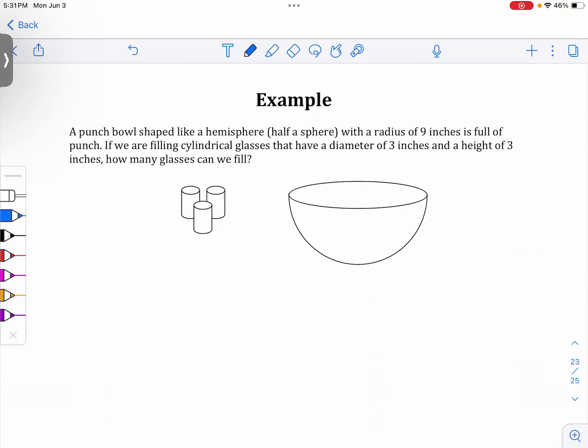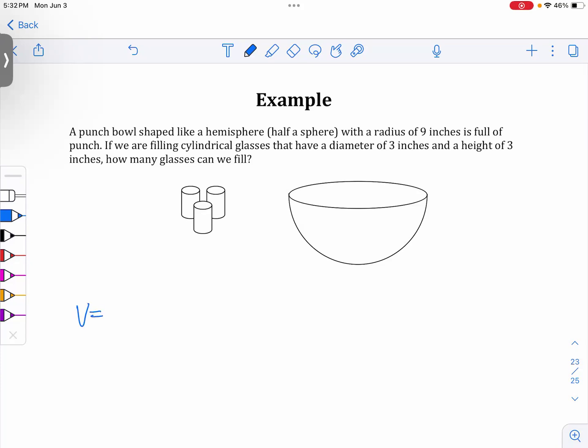So let's look at an example and use some of those equations. A punch bowl shaped like a hemisphere, a half sphere, with a radius of 9 inches is full of punch. If we are filling cylindrical glasses that have a diameter of 3 inches and a height of 3 inches, how many glasses can we fill? So let's start with the volume of punch in the bowl.